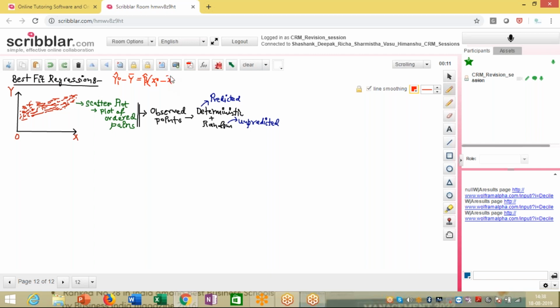Now, if I want it in a better form, the best fit regression line should ideally be yi hat is equal to y bar plus beta hat times xi minus x bar.